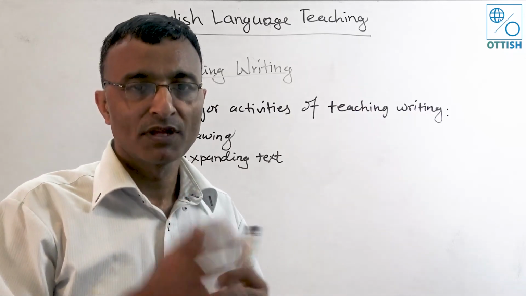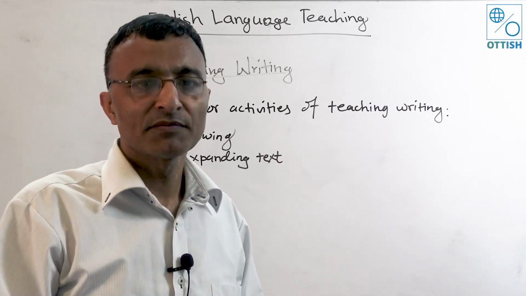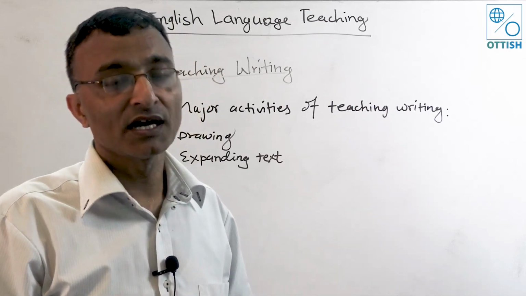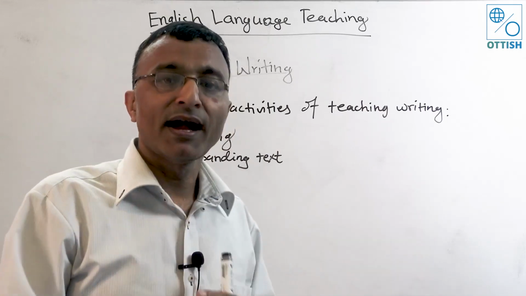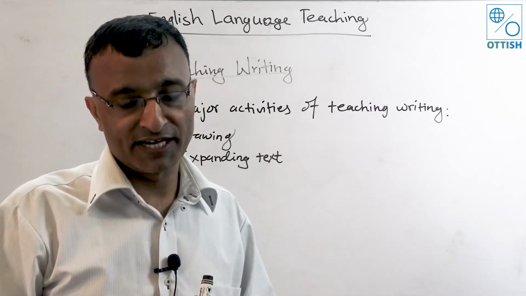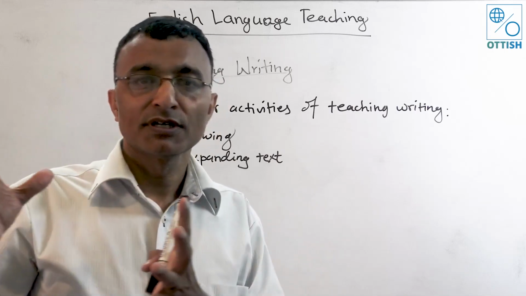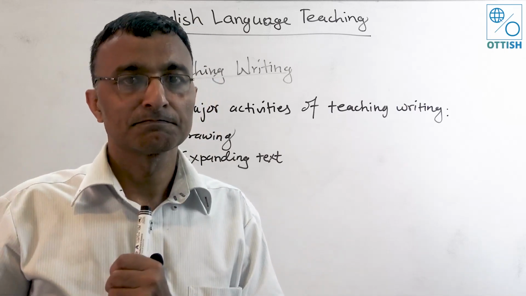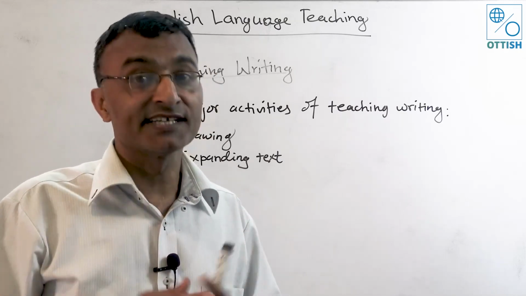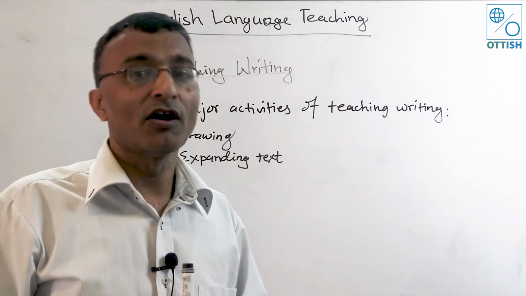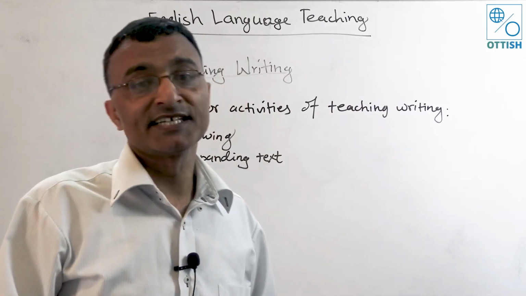For this, many imitative activities, imitative writing, copying, and dictation activities can be carried out. And creative activities are also carried out then. So they have to be able to create new writings with their ideas and feelings. These all come under writing activity or developing writing skill.